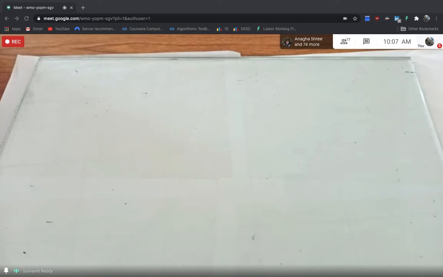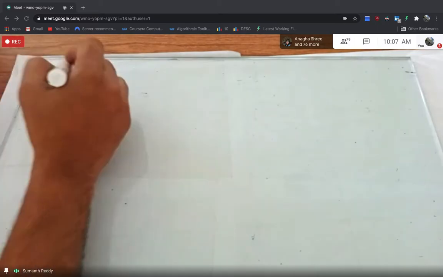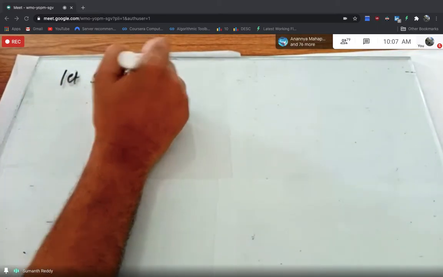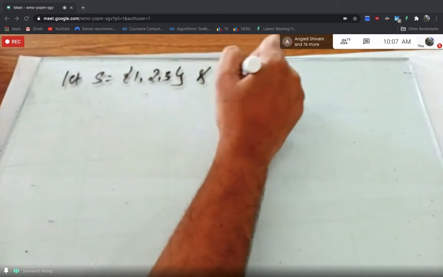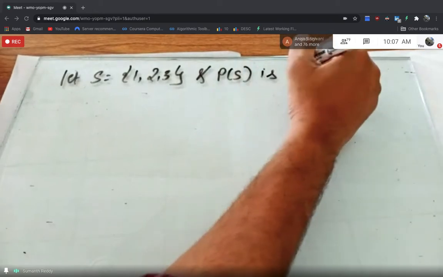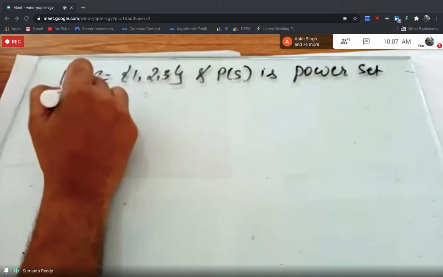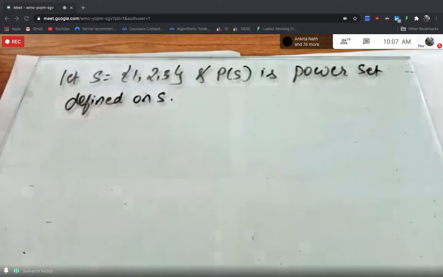So let me write the question first. Try to analyze the question clearly, later I will solve. He has given the set. Let S be the set which includes the elements 1, 2, 3, and P of S is a power set defined on S. Students, I have already told you what a power set is. Power set means you need to include all the possible subsets of a set.